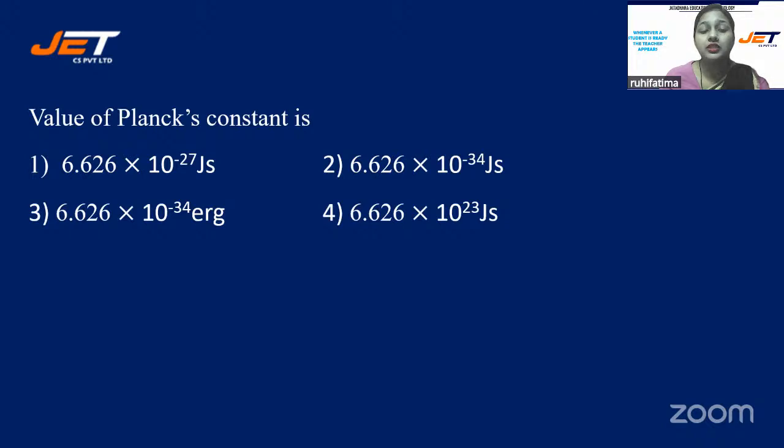Option number three, 6.626 into 10 to the power minus 34 erg. Or is it option number four, 6.626 into 10 raised to the power 23 joule second? Value of Planck's constant. You have to tell.